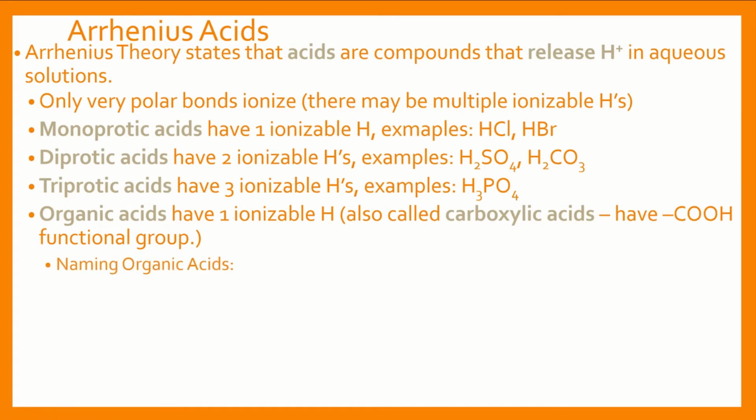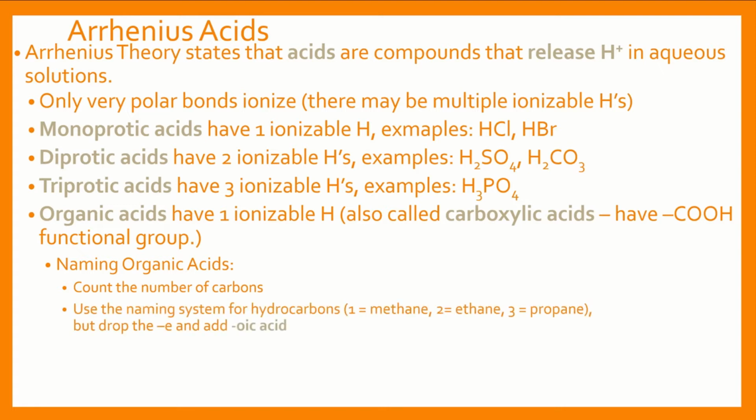So naming organic acids, how can you name them? How can you tell that they're there? Some practice. We want to count the number of carbons that we have. We remember from first semester, 1 is meth, 2 is eth, 3 is prop, 4 is but, 5 is pent, 6 is hex.